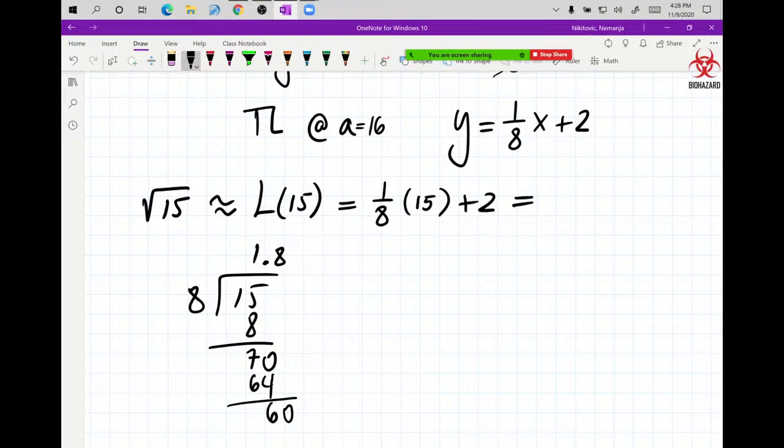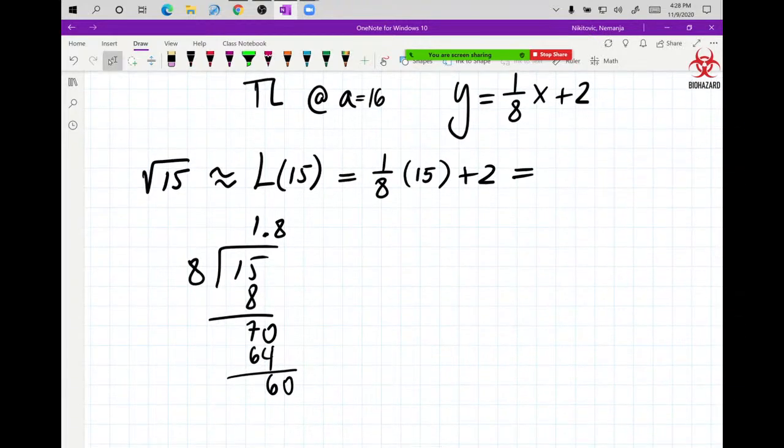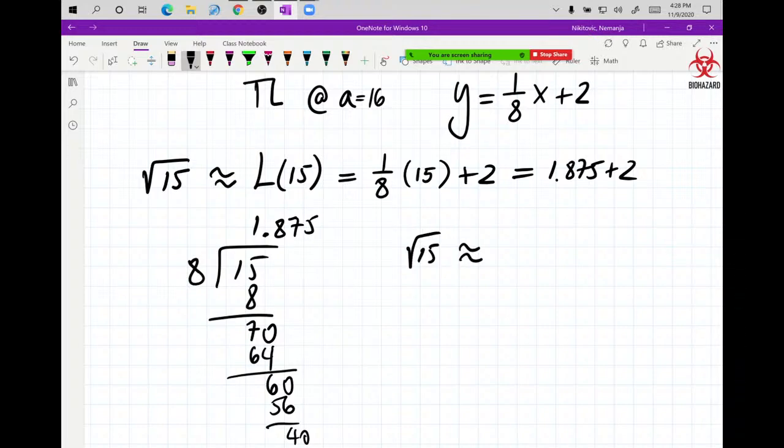Depends on how many decimals you want to go for. So 8 into 60 goes 7 times. That gives you 56, gives you 4, 45, 875. So 1.875 plus 2 tells you that the square root of 15 is approximated by 3.875.